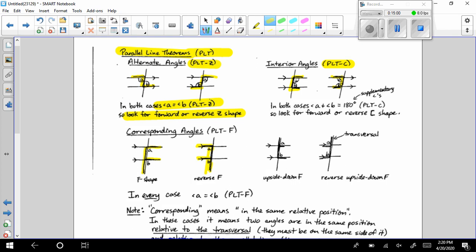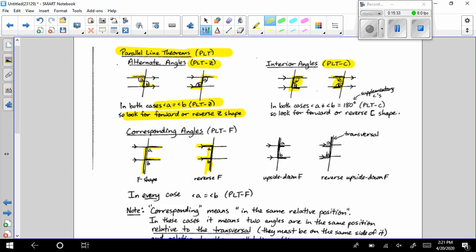Interior angles involve the acronym PLTC, because C is the letter that we're looking for. Now, just as the actual name implies, interior angles are on the inside of the parallel lines, and they're always on the same side of the transversal. So they're either both to the right of that line that cuts through the parallel lines, or they're both to the left of it.